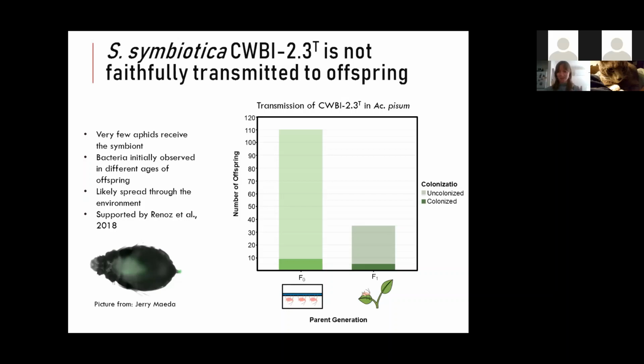So their waste glows bright green, and this might be a potential method of transmission. And as with some of the patterns that we see in the gut, this has been supported by some work by other groups. So our strain is not what we initially thought, but the fact that we've been able to engineer it has helped us to characterize the dynamics more and think about how we can actually apply this when we perform our applications.